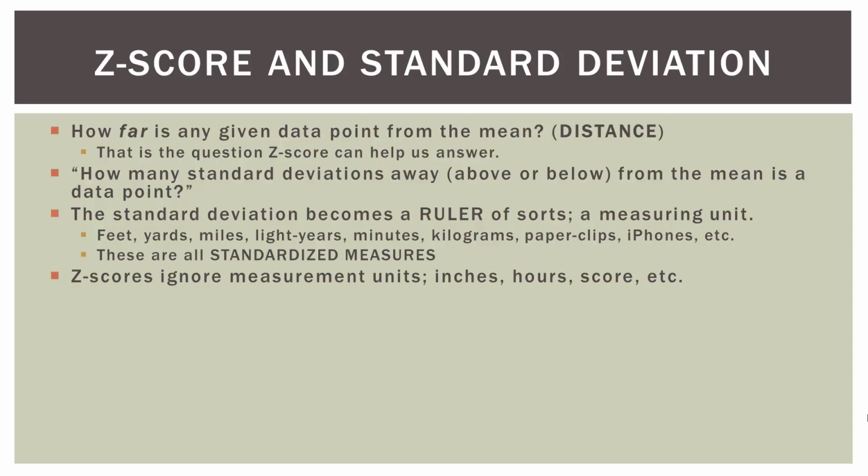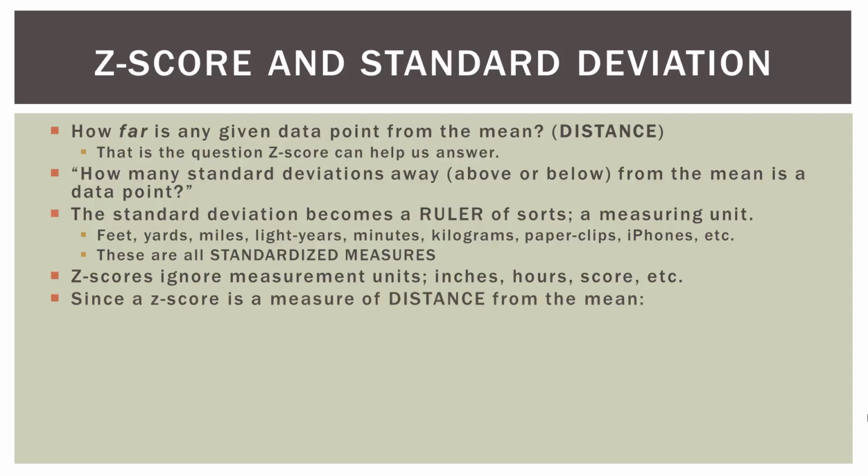Now the z-score, since it measures just distance from the mean, ignores the actual measurement units. So if our data is in feet, our z-score would not have feet as a unit. It would just be a z-score of 1.5 or -2 or whatever else.